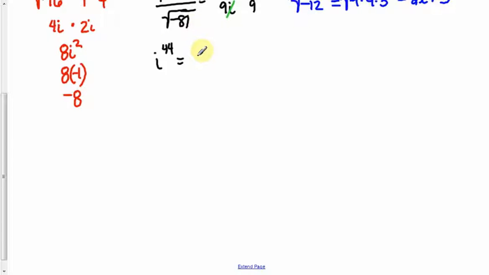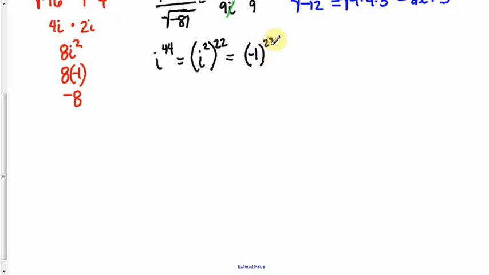So I can write i to the 44th as i squared to the 22nd power, because 2 times 22 is 44, and we know power to a power we multiply. You know what i squared is. What is i squared? Negative 1.